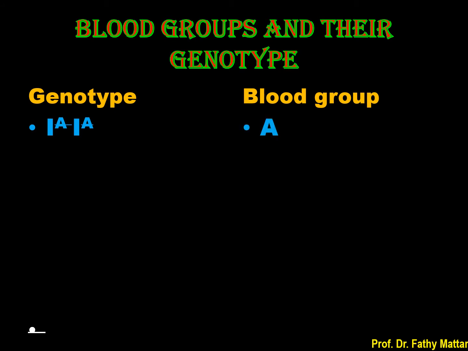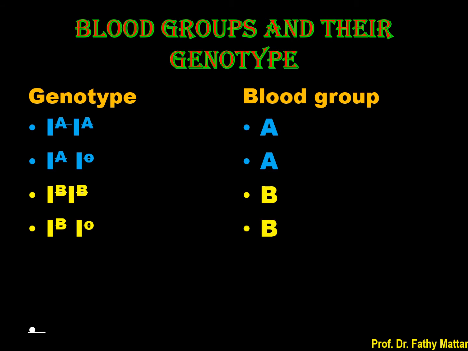This person will be blood group A. If it is IAIO, it will also be A. If it is IBIB, it is B. If it is IBIO, it is also B, because B is the dominant. But if it is IAIB, this is codominant, and so this will be AB blood group. If it is IOIO, no isohemagglutinin at all, and the blood group is O.